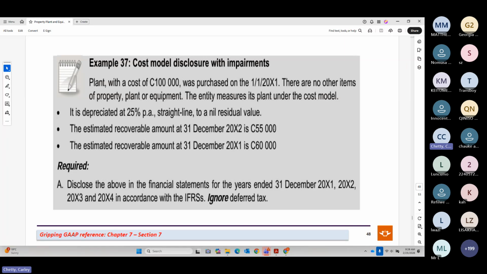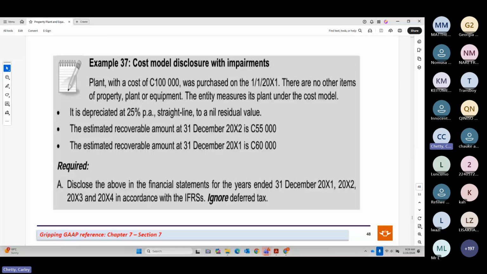The estimated recoverable amount at 31 December 20X2 is 55,000, and the estimated recoverable amount at 31 December 20X1 is 60,000. So disclose the above in the financial statements for the years ended 31 December 20X1 and 20X2, 20X3, and 20X4 in accordance with IFRS.